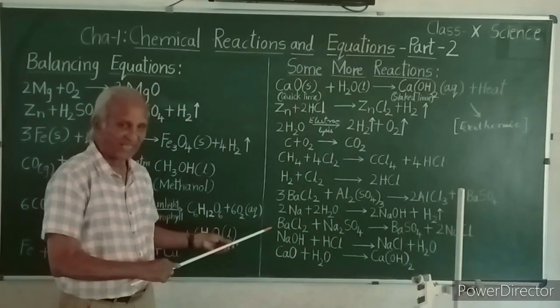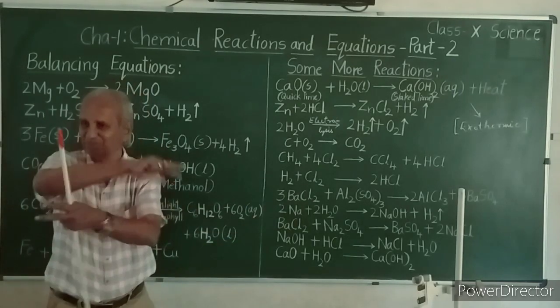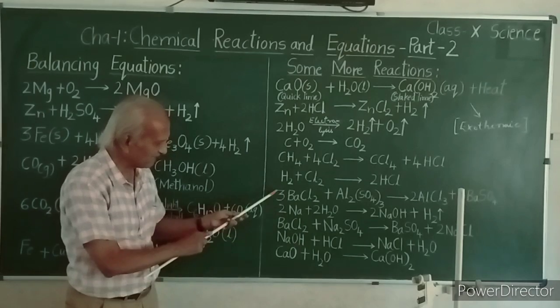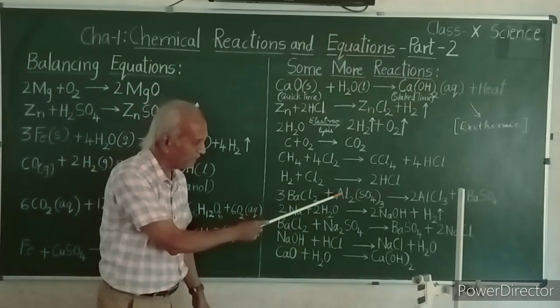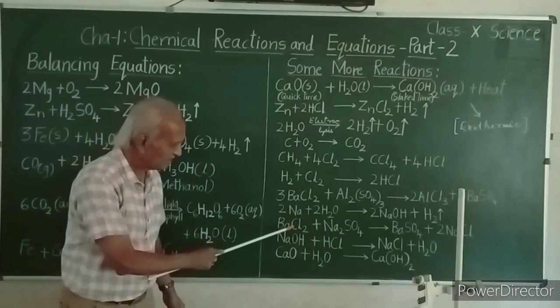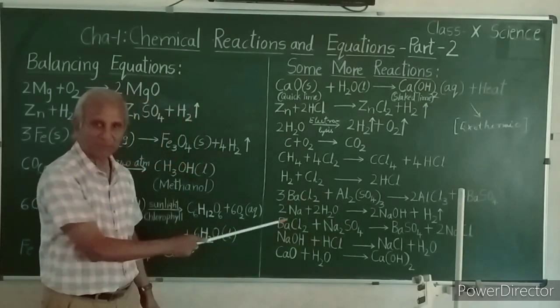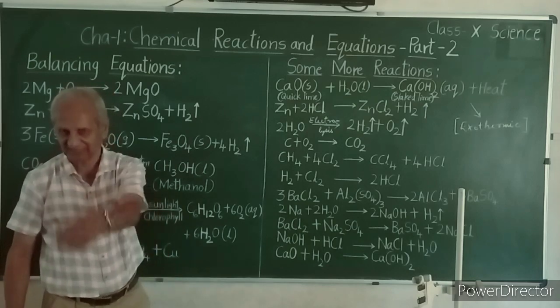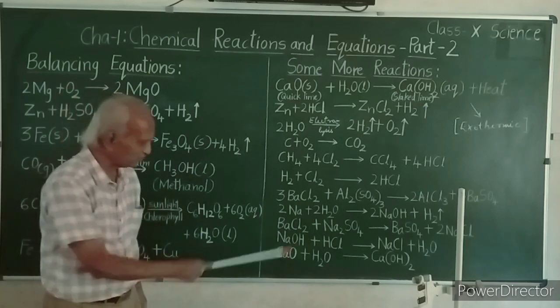We come to the next. Again a double decomposition. BaCl2, just like here. Here instead of aluminium sulfate we have taken sodium sulfate. Cl2 goes here, SO4 comes here. So when we deal with double decomposition in the next lesson, I will be showing these reactions to you.